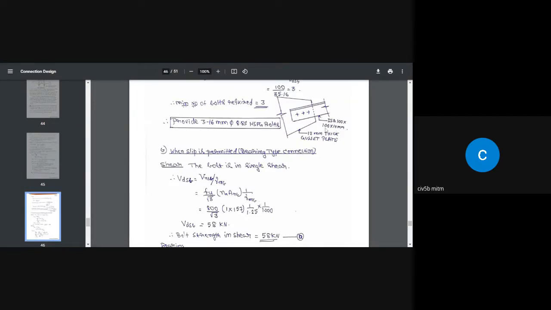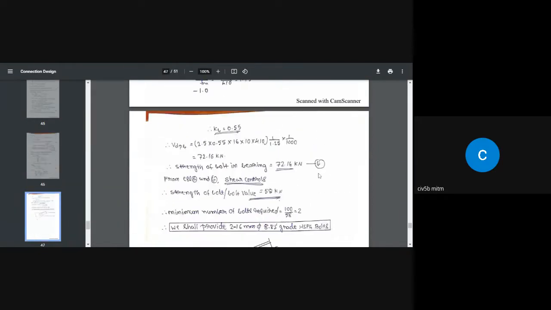When a bolt is pressing against the angle and also against the gusset plate, subjected to the same force, which one yields first? The angle is going to yield first because of the lesser thickness. So this thickness should be considered. That is the reason I have considered 10 as the thickness of the thinner plate. So 12 versus 10, 10 is the value.